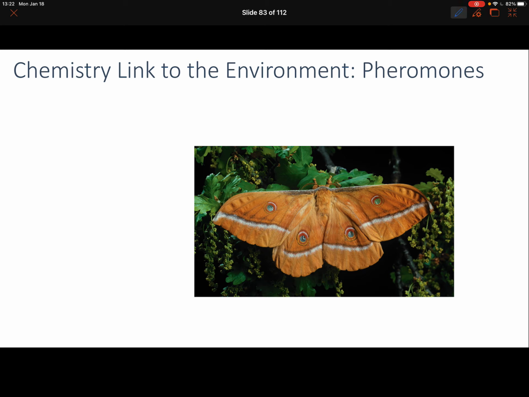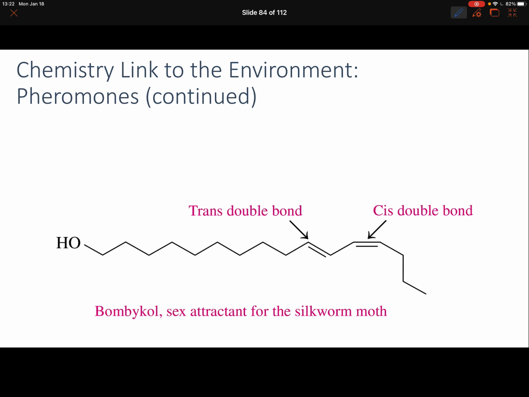and they have to do with alkenes. So if you take a look here, this is bombykol. This is the sex attractant of this silkworm moth. The effectiveness of many of the pheromones that insects use actually depends on whether the cis or trans configuration exists in the molecule.